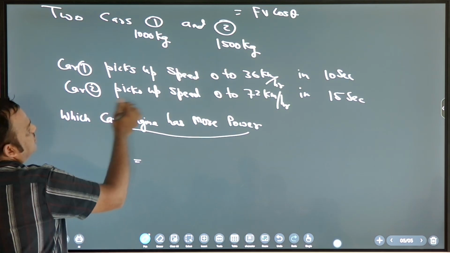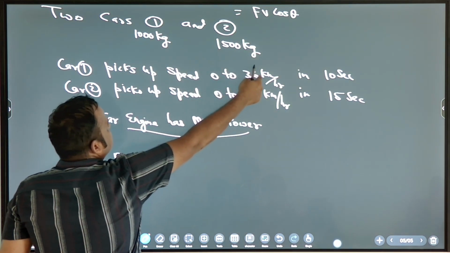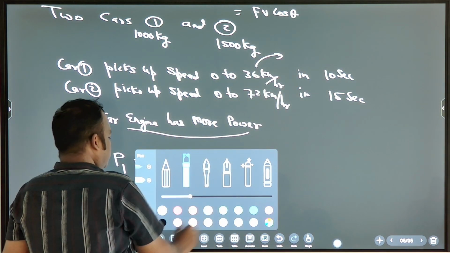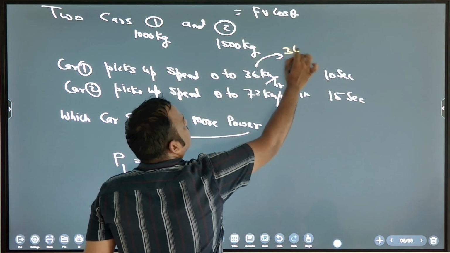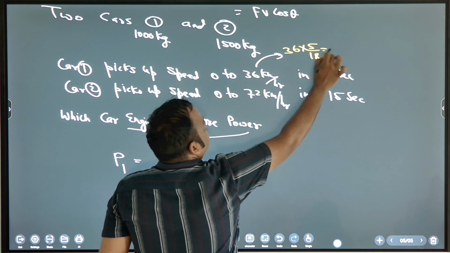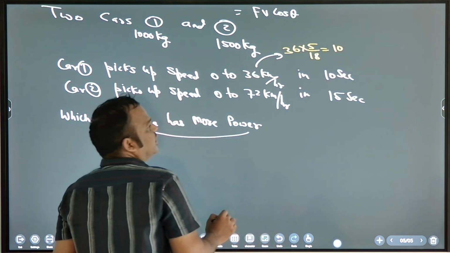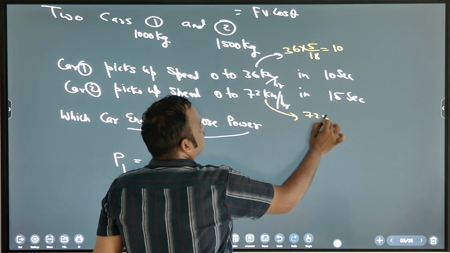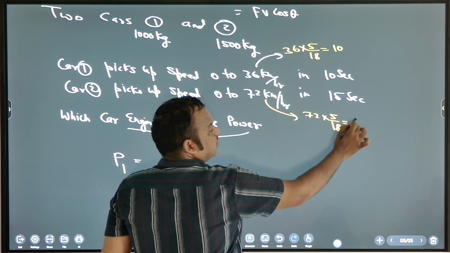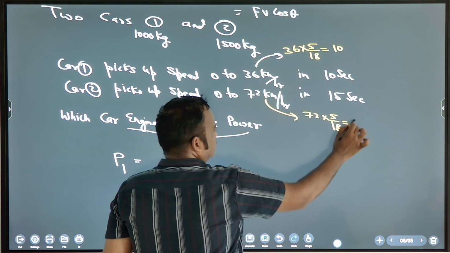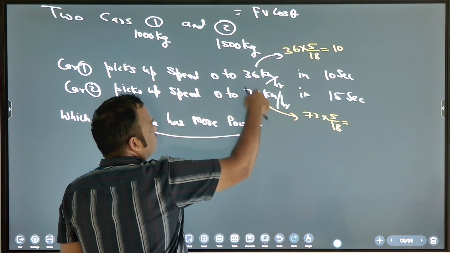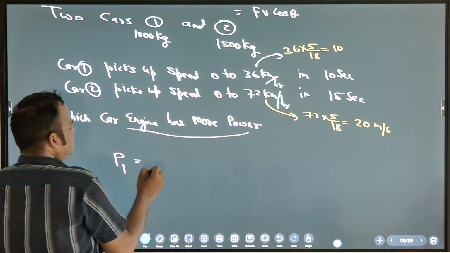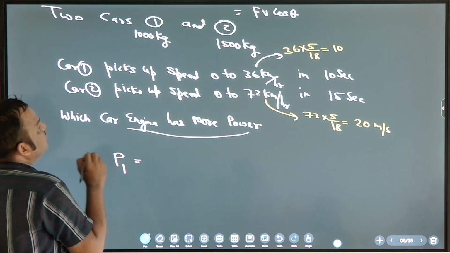Initial kinetic energy is 0. The final speed is 36 kilometer per hour, so convert this to meter per second. 36 into 5 by 18 is 10. And 72 kilometer per hour in meter per second, 72 into 5 by 18, is 20. So what is the final kinetic energy of car 1?